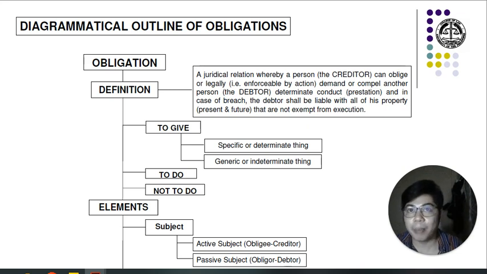So despite the lapse of the period, kunwari si debtor, nag-voluntary siya bayad without acknowledging the existence of the debt. So, biska nag-lapse na ang period, si debtor katong nangutang, nagbayad gyapon siya even if he knows na nag-lapse na ang period. So, in this case, the debtor voluntarily pays. So, dili na niya ma-demand back.